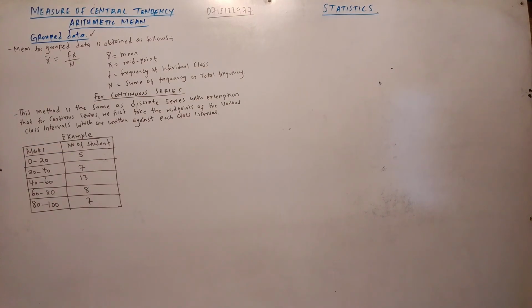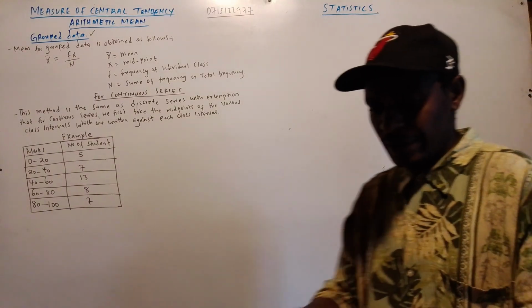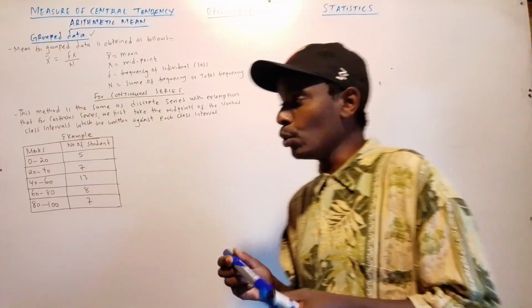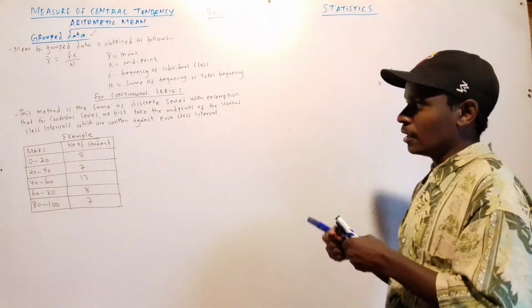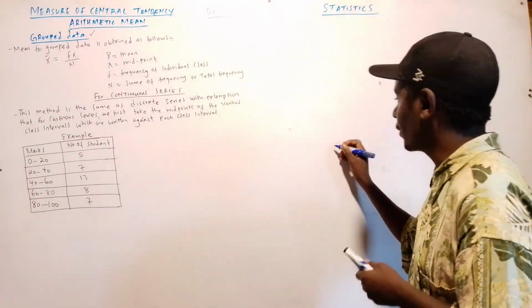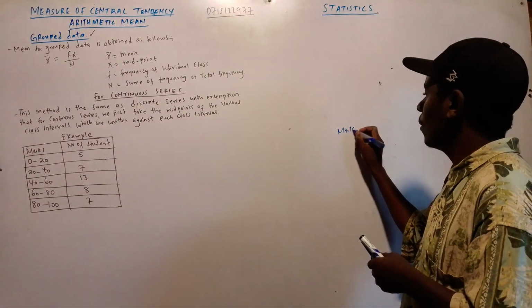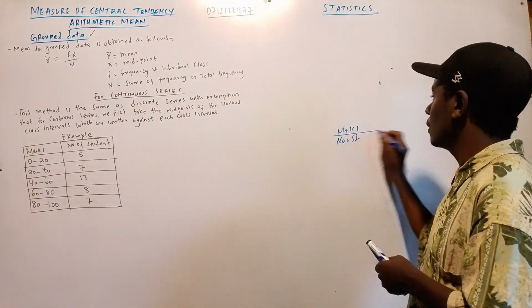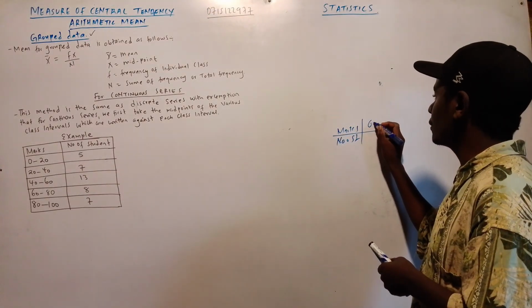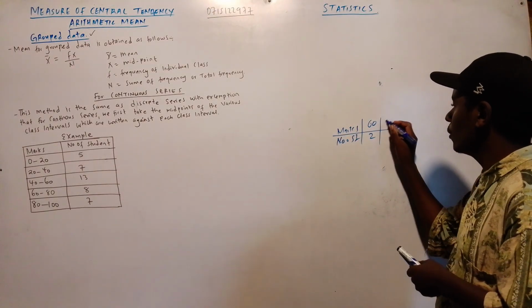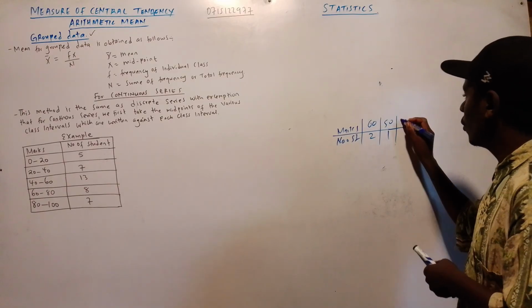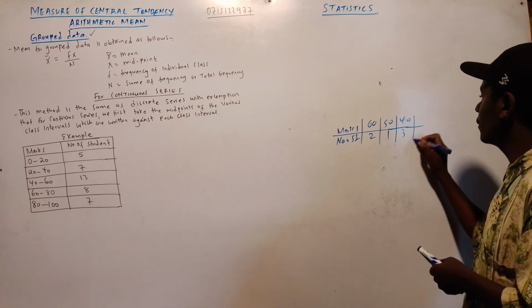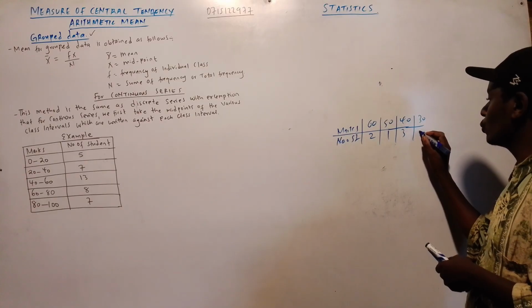Let's see this example. Remember in the previous example we did a discrete series. For example, you have marks and number of students, with 62 students, 51 students, 43 students, 30 students, 8 students.